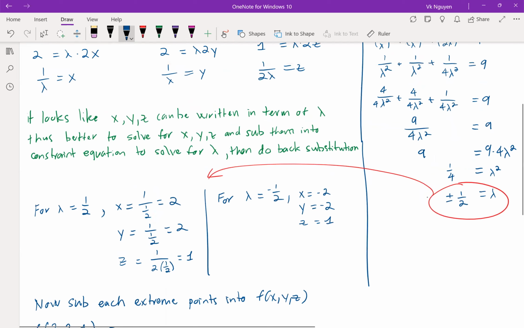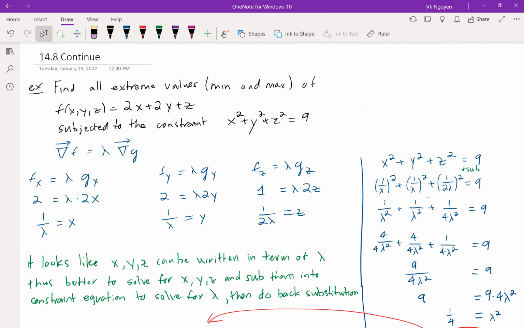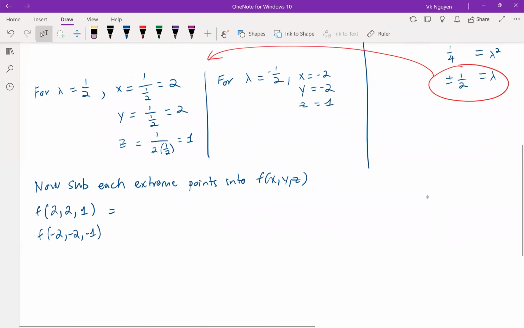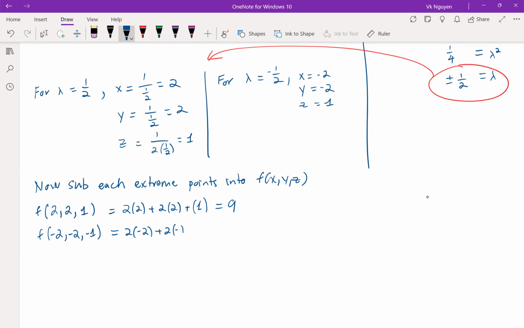What's f(2, 2, 1) here? It's 2x plus 2y plus 2z. Okay, so we have a max and a min. This is the max, and this one is the min.